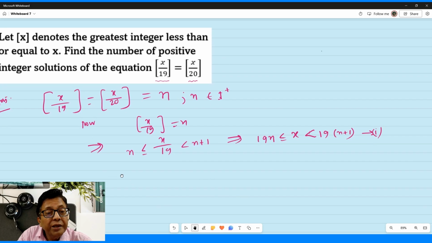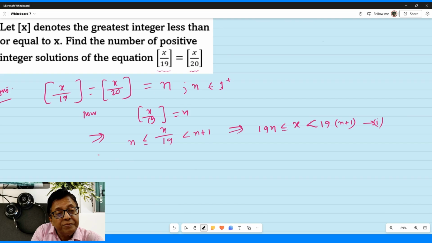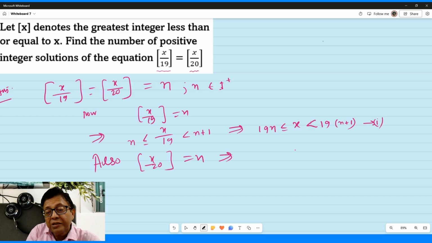Now, x by 20, this is also n. What does this imply? That x by 20 will be greater than or equal to n and less than n plus 1. This implies x is greater than or equal to 20n and less than 20 into n plus 1.